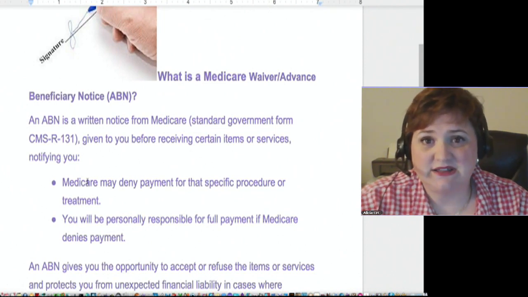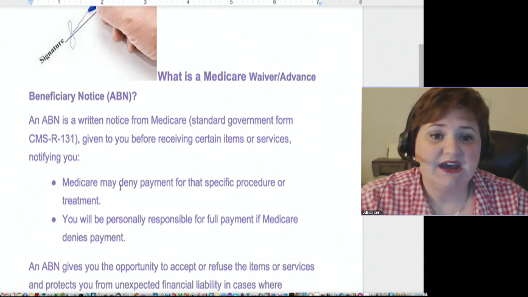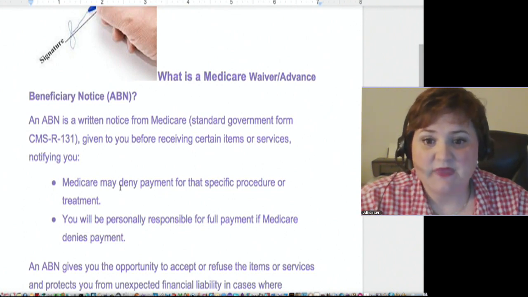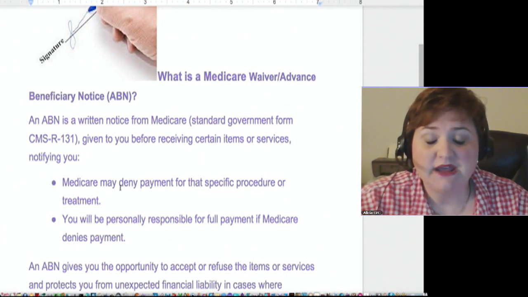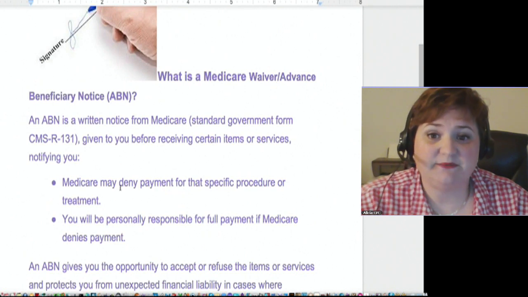What it tells the patient is that Medicare may deny payment for a specific procedure or treatment, and that you will personally be responsible for full payment if Medicare denies the payment. And that's why it's called an Advanced Beneficiary Notice.